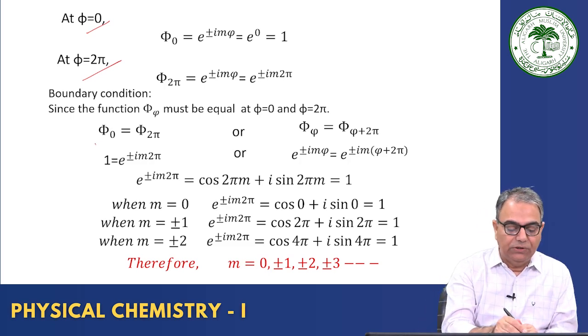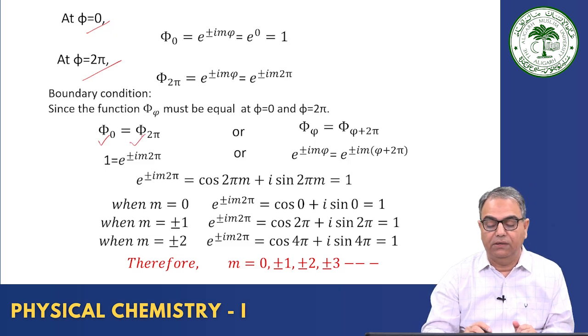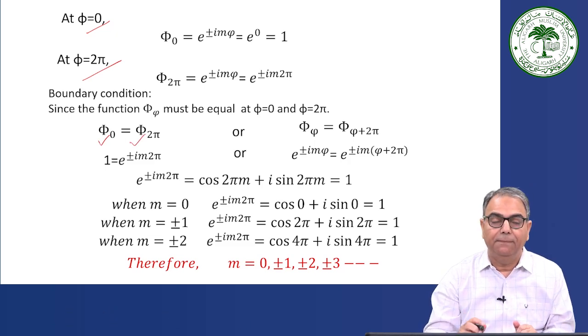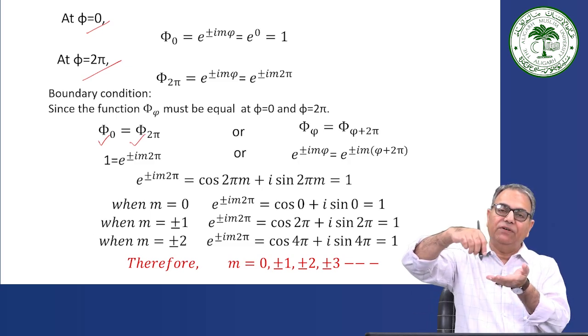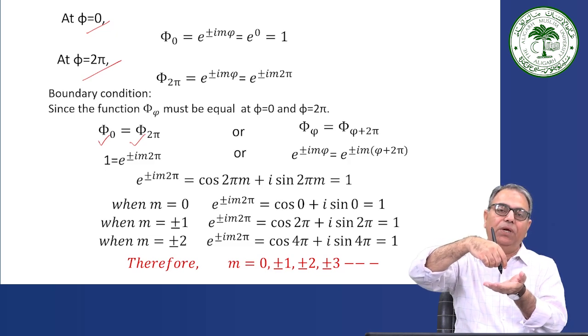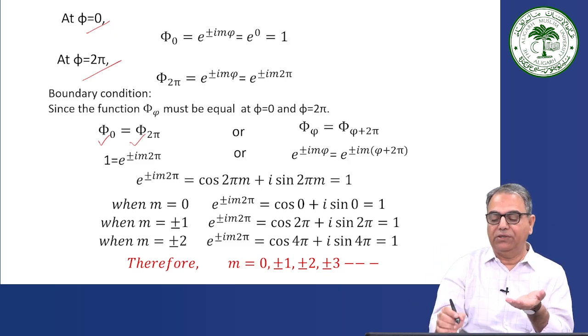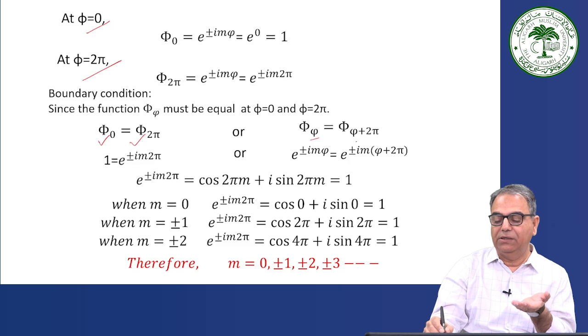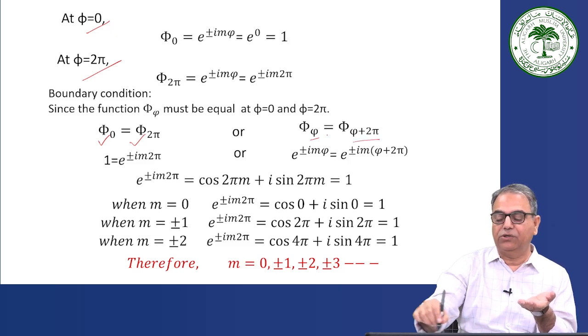So, phi is equal to 0 and phi is equal to 2 pi are equivalent. Or you can say if it is not 0, if it is 10 degree or 20 degree, then again after one complete rotation of 360 degrees you come back to the same point. So, phi is equal to 10 degree plus 2 pi, this rotation will give you the same point.